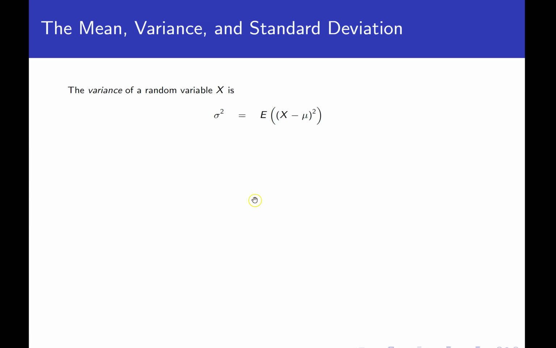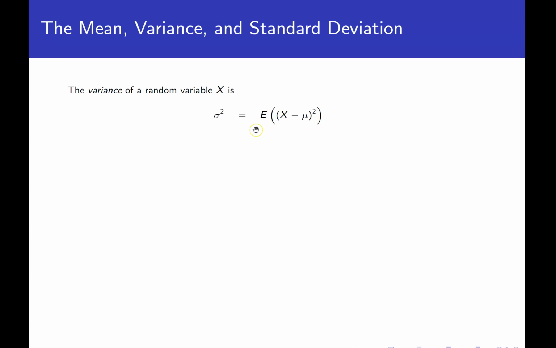So the variance is defined as the expected value of the square of the difference between x and mu. Okay, so let's talk about this for just a second. X minus mu is a distance. It's how far x would be away from the mean, right? That would be the difference between those two things. Now, it's possible that those differences could be negative or positive.